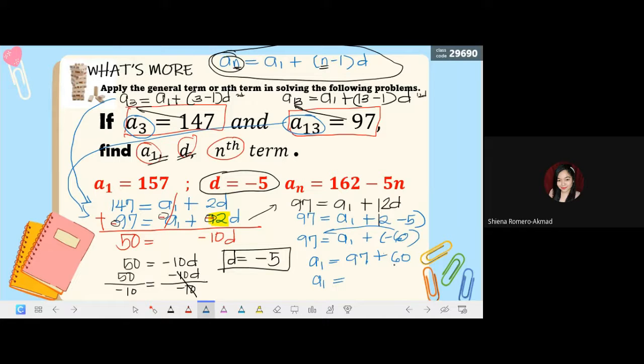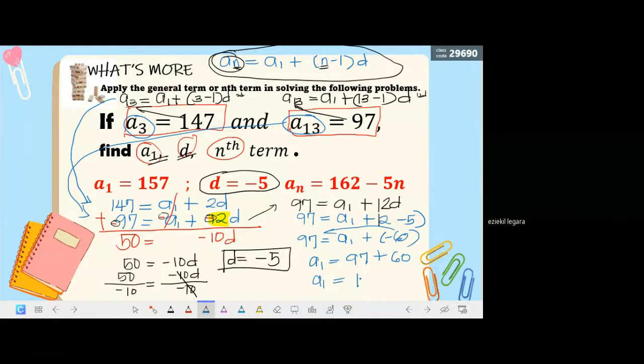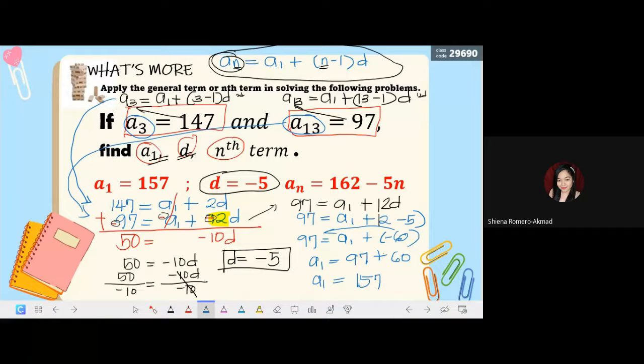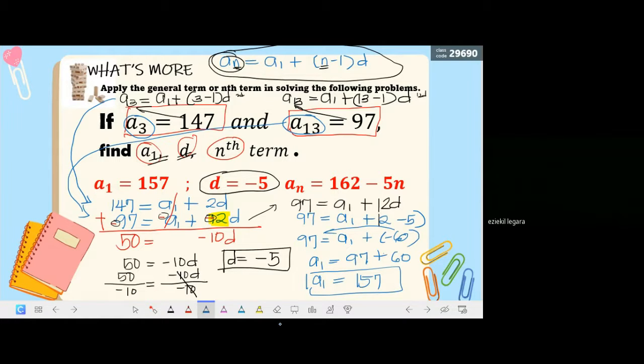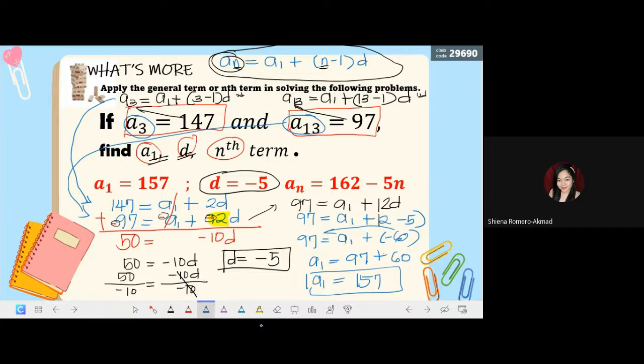Okay, so 97 plus 60 is 157, ma'am. Correct. Sino yung nagsasalita ng mahina lang? Ako po, ma'am. Okay, so that's A sub 1 equals 157.